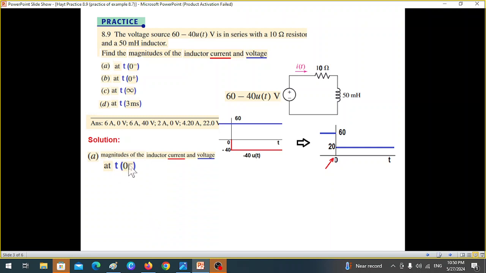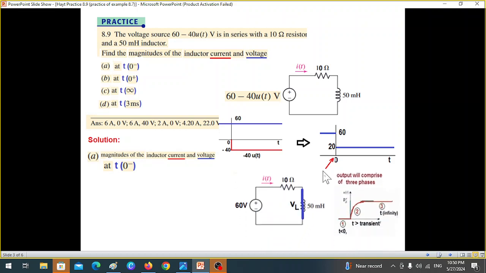Okay, now for t less than 0, the concept here is that we are operating just short of 0. That means the voltage is 60 volt applied voltage. And since this voltage has been applied for long, the circuit is in steady state condition. And in a steady state condition, we replace the inductor by a short circuit.